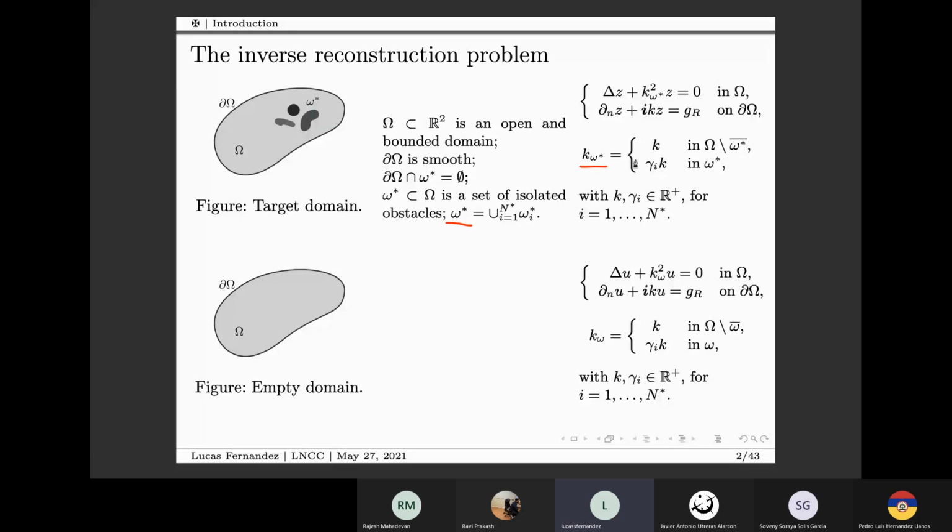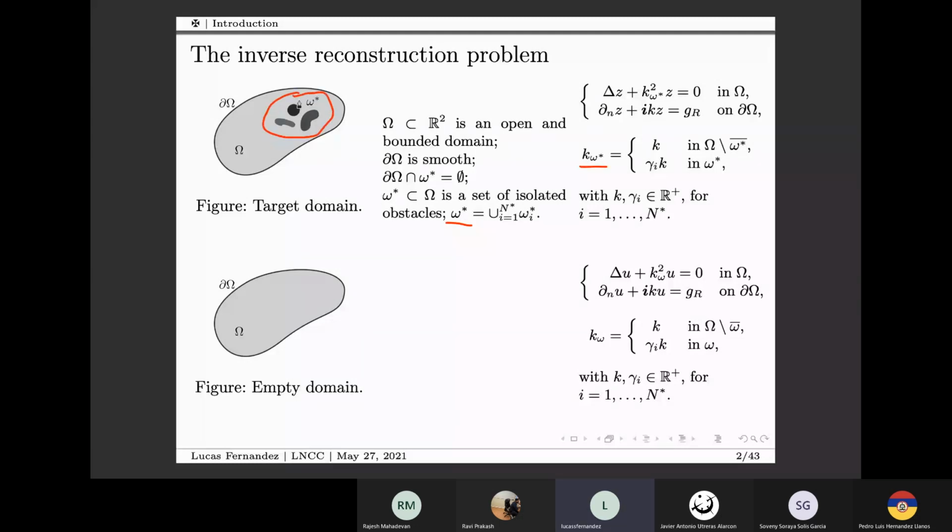So in addition, we assume that we don't know this scalar field Z in all the domain omega, but just on its boundary. So in other words, we have partial information about the scalar field Z, okay? The main goal here is to reconstruct the set of obstacles, omega asterisk, okay?